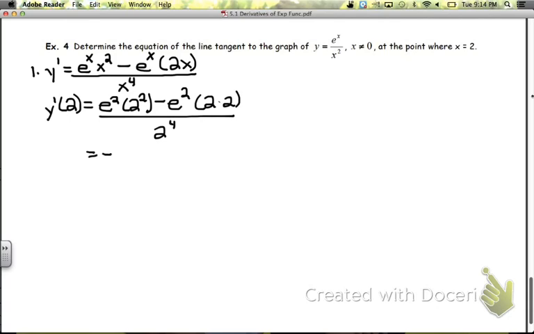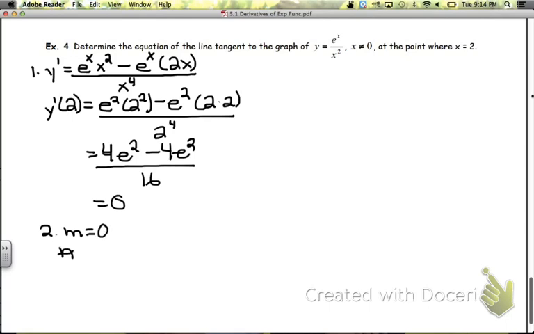So this becomes 4e squared minus 4e squared all over 16. So therefore I have a slope of 0. So we have a slope of 0, and at x equals 2, y equals e squared over 4. So we just find that by subbing it into our original function.